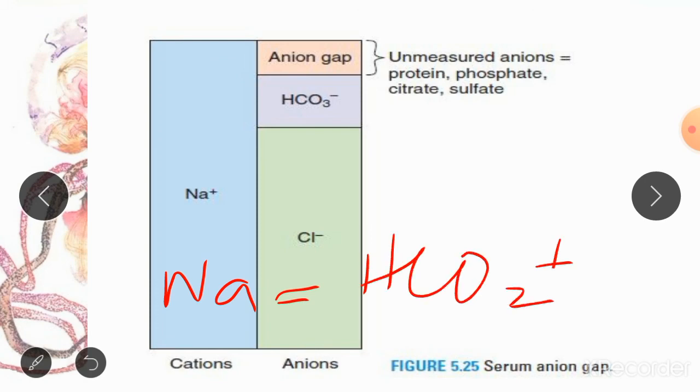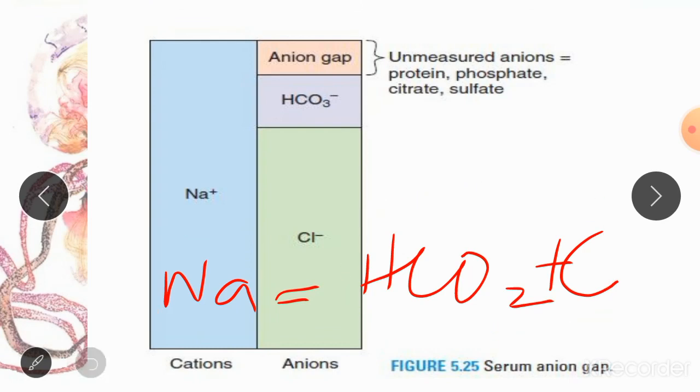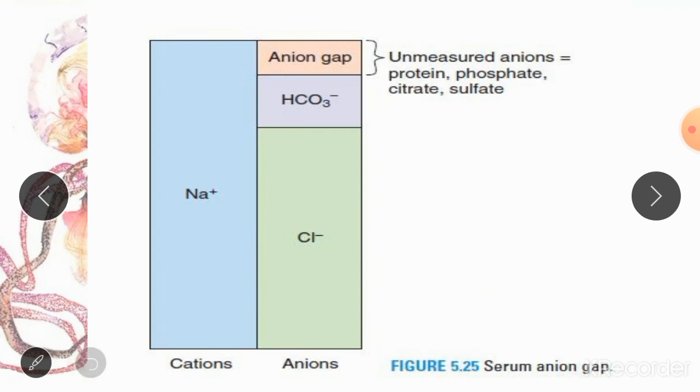But when this was conducted, it was seen that the concentration of sodium was greater than the sum of bicarb and chloride, which led to the belief that there are some unmeasured organic acids also present in the plasma, and they constitute the anion gap.